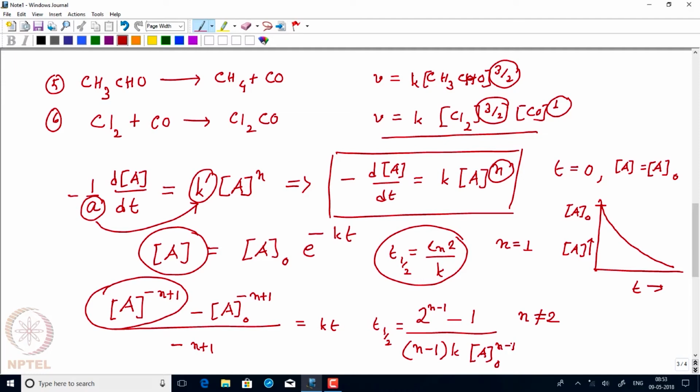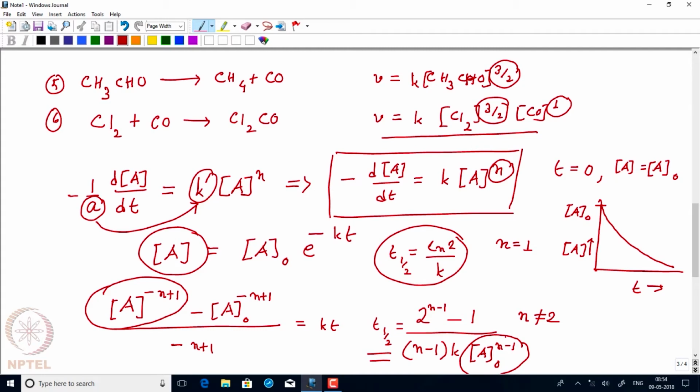Now the point here is, for any reaction which is not a first order reaction, the half-life actually depends on the initial concentration A0. Only for a first order reaction is the half-life independent of the initial concentration. No matter which concentration you start with, the half-life will be independent.